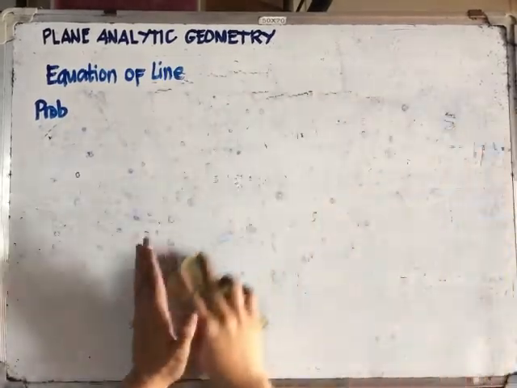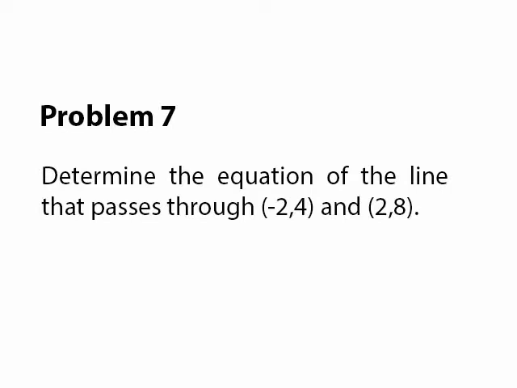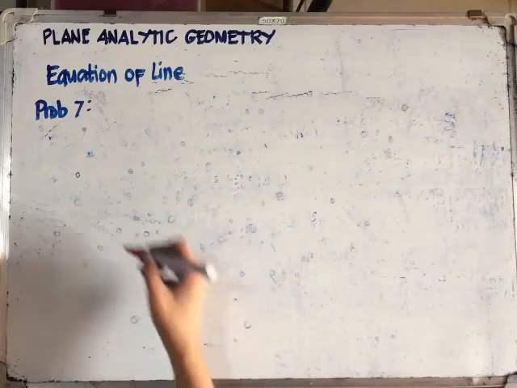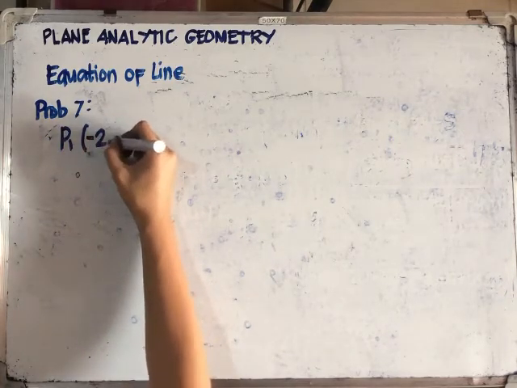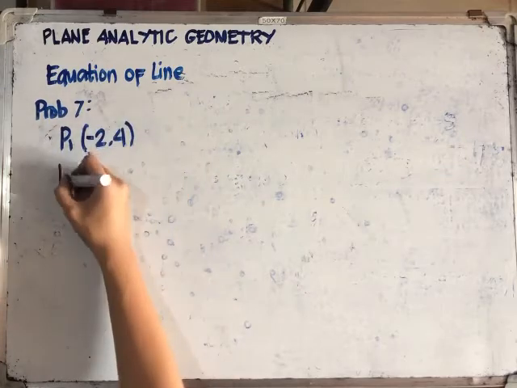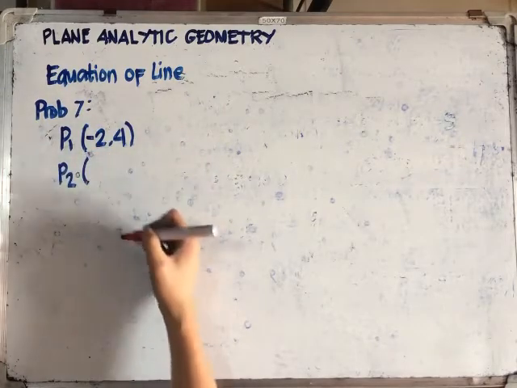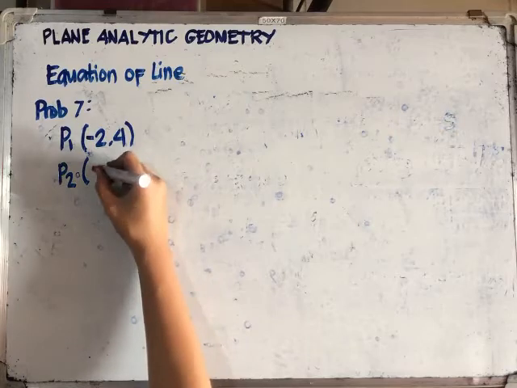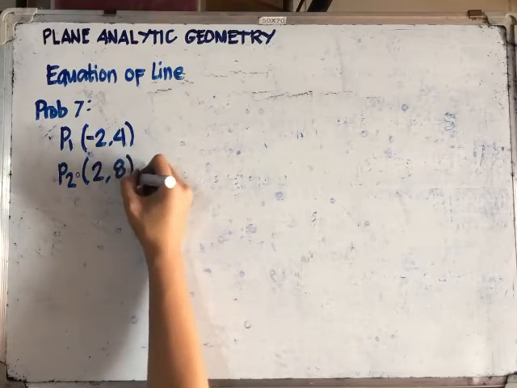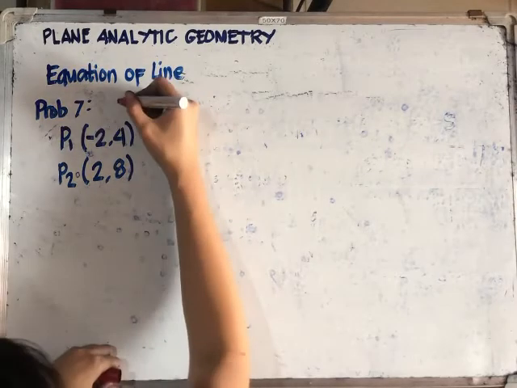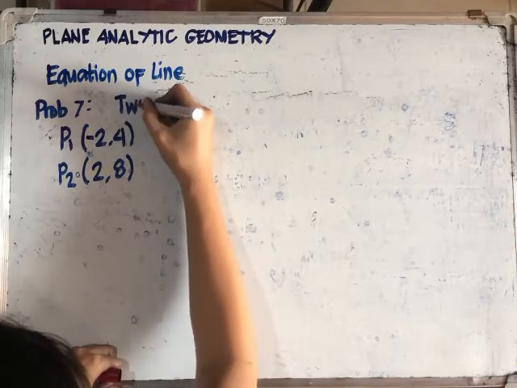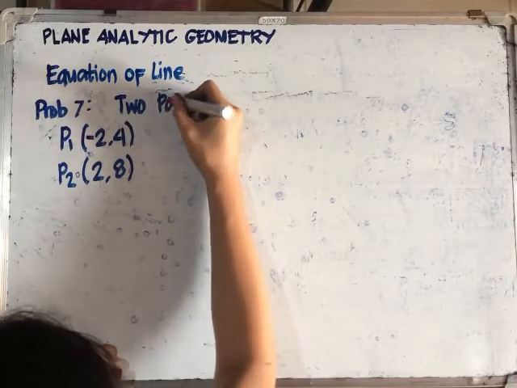Okay. Number 7, determine the equation of the line that passes through these points given. Say P1 is (-2, 4). And we have P2 here, which is equal to (2, 8). Okay? You have 2 points and you are to get the equation of the line. So, if number 6 is about point slope, this one is 2 points given naman.